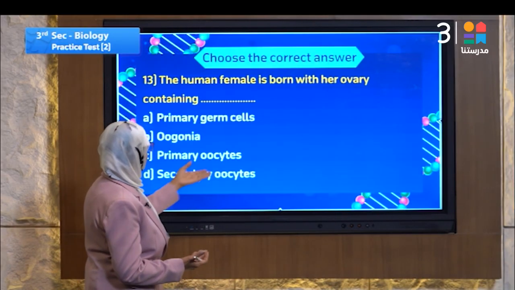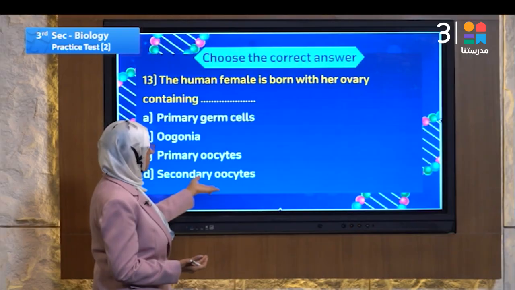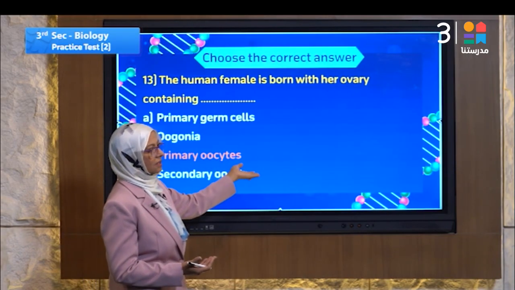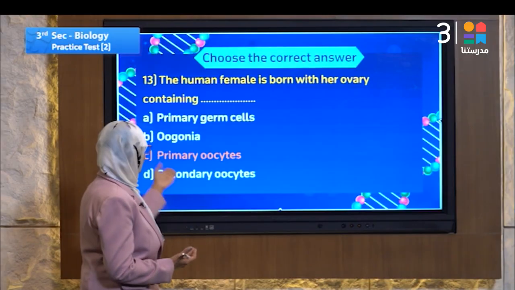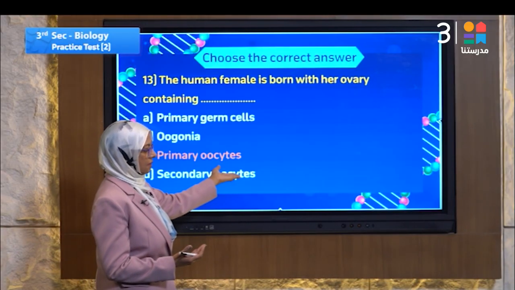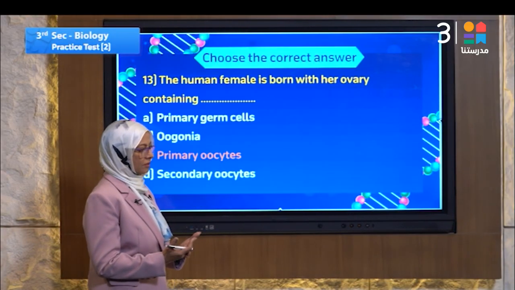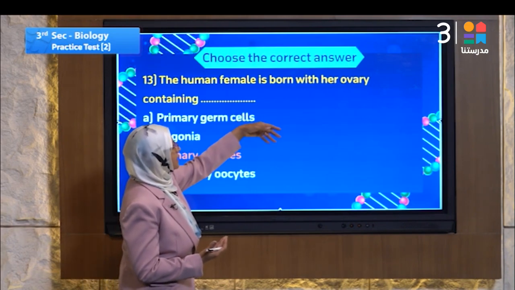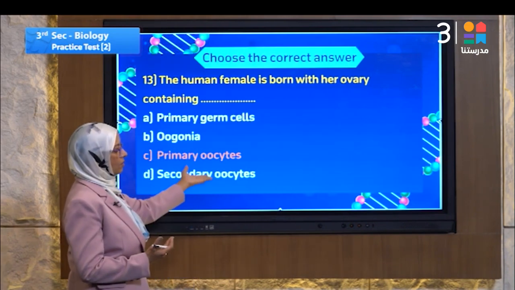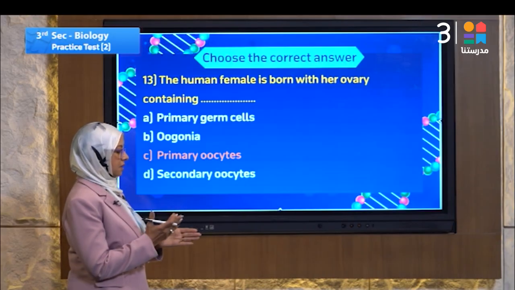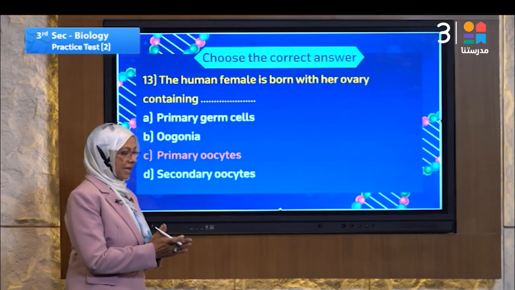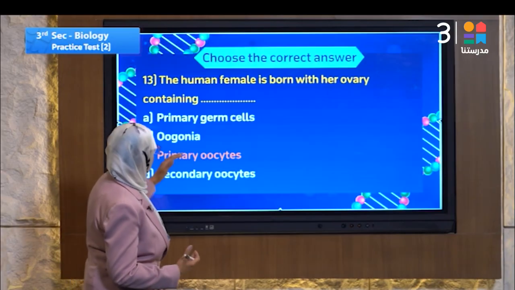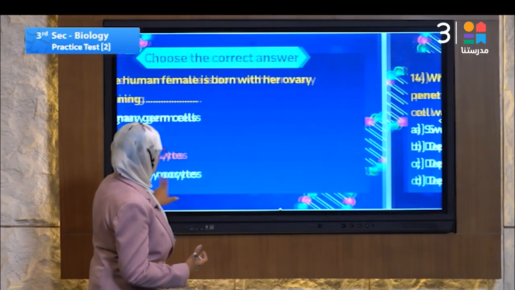No. Primary oocyte? Secondary oocyte? Yes, the answer is primary oocyte. A female is born with primary oocytes. Females are born and their ovaries contain primary oocytes, which stay until they mature to perform other stages like the secondary oocyte.